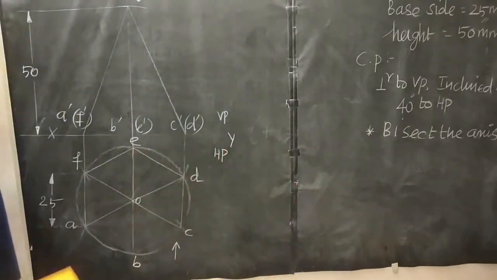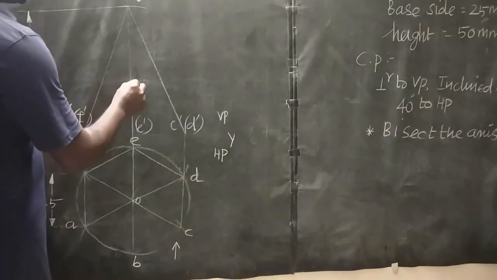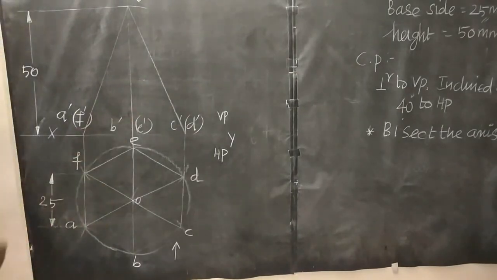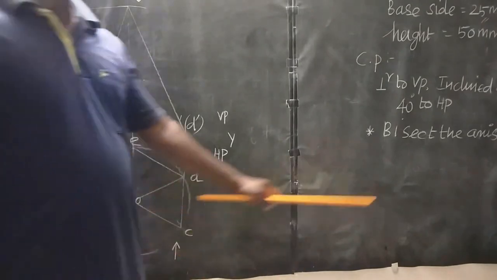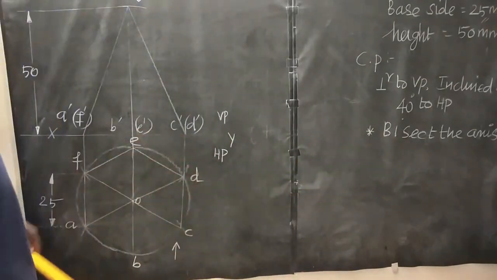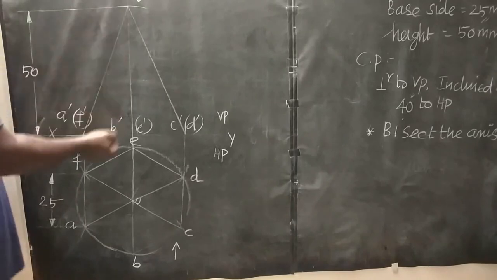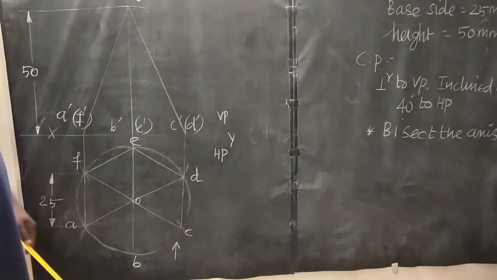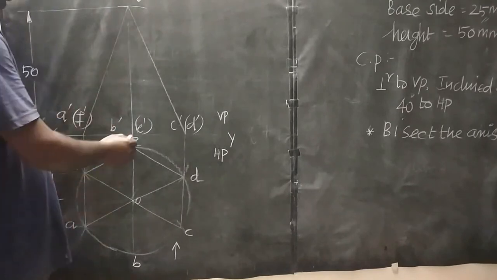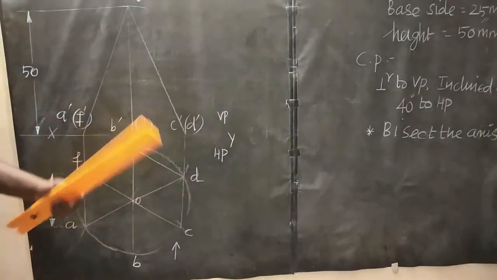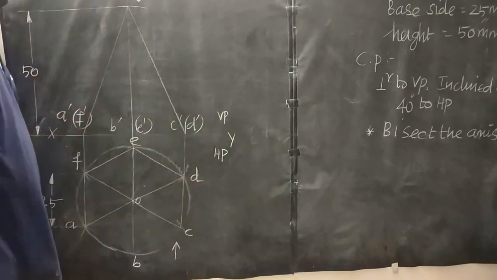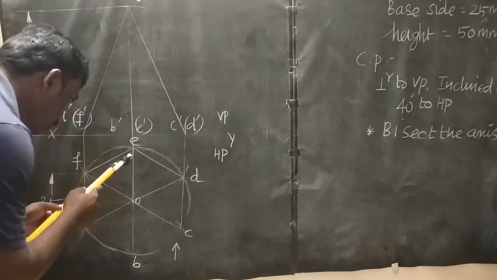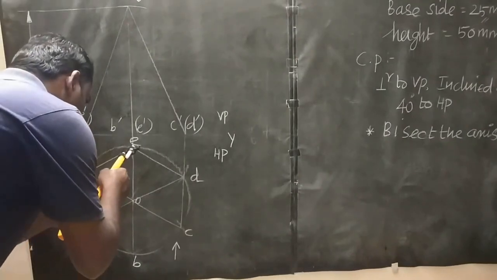Bisecting is nothing but the exact center of this pyramid. Height is 50 mm. So your bisect distance is 25 mm. So take 25 mm either from top or bottom. Measure 25 mm, then select either O dash or B dash as center, then draw one arc on this vertical line. See here, 25 mm radius. So 25 mm is FE, length is 25 mm.